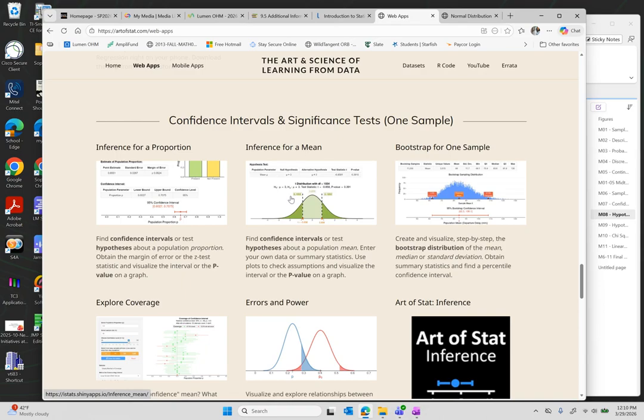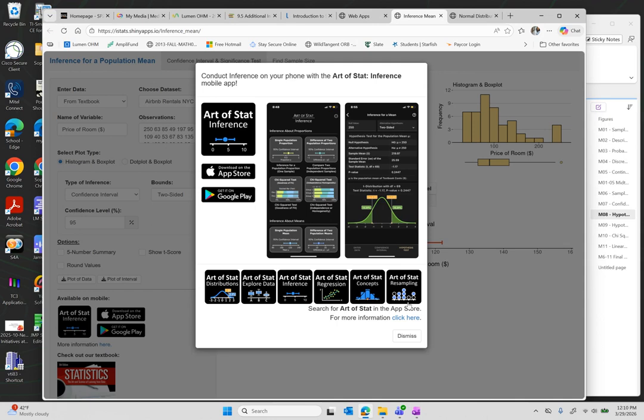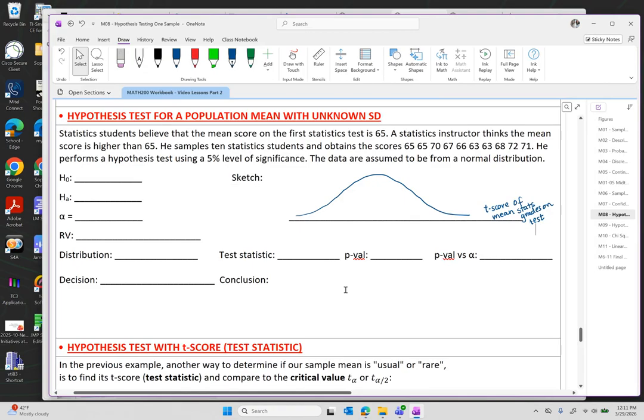Unfortunately, there is no normal distribution for the inference of the mean, so I can't use this app when I do a hypothesis test or a confidence interval for a normal distribution for the distribution of the sample means. So this is going to be a much quicker test and more straightforward since we already have the technology for this. If you use your calculator, if you use Excel, you will use the t-distribution to do your tests.